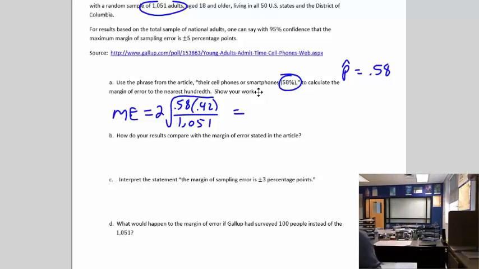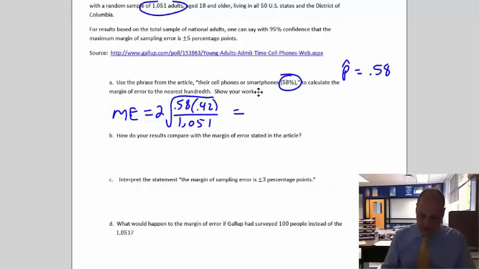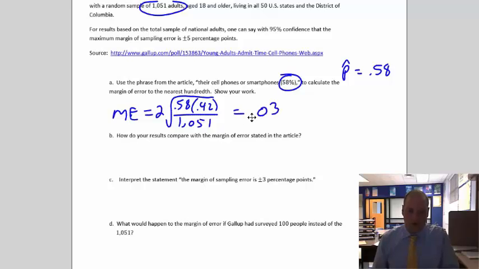Real quick, sorry. 2 times the square root of 0.58 times 0.42 divided by 1051 is 0.030. 0.03, let's say. Okay, so 0.03 is our margin of error.